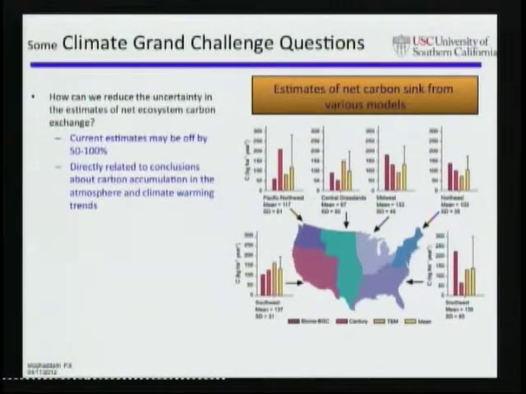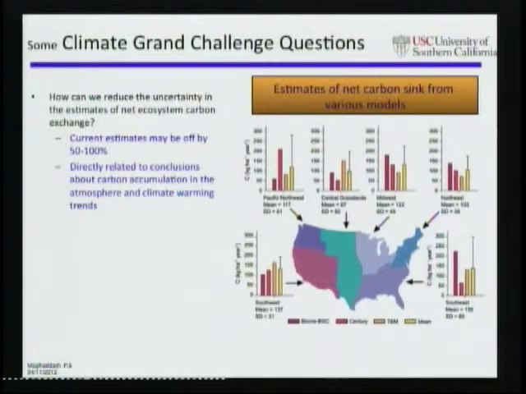Let's take an impressionistic view of this picture. The different bar charts you see here are the predictions of various carbon models. Different groups across the country and across the globe have numerical models for predicting what's happening to the carbon balance of the Earth. Depending on the model they use and the inputs to those models, they come up with very different results.